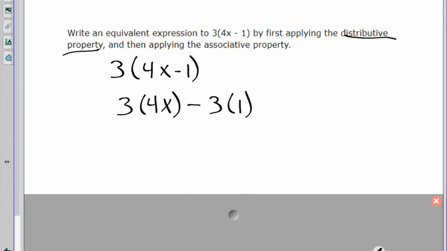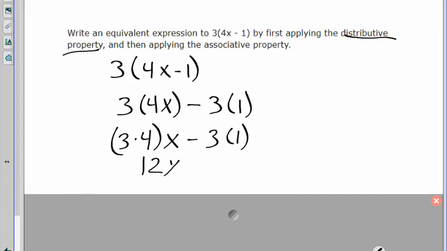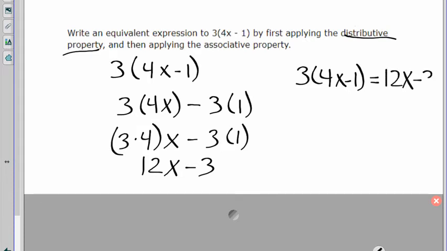Now I'm going to use the associative property to regroup this. So this becomes 3 times 4 times x. See, I regrouped. Minus, and then I have 3 times 1. And now I've got 12x minus 3. So 3 times the quantity 4x minus 1 is equivalent to 12x minus 3.